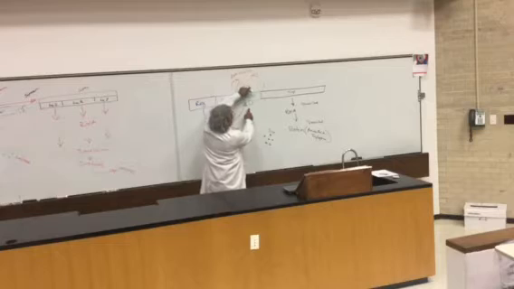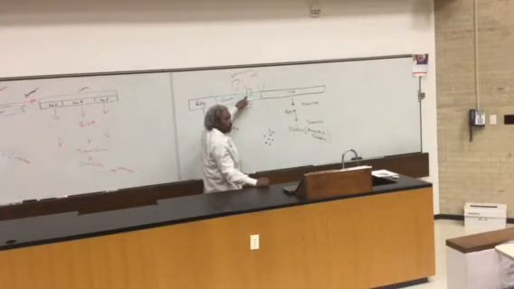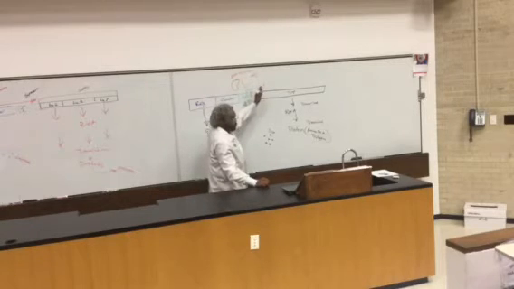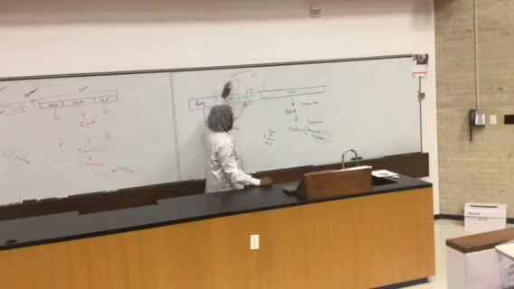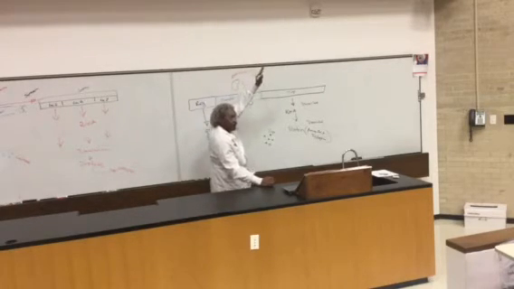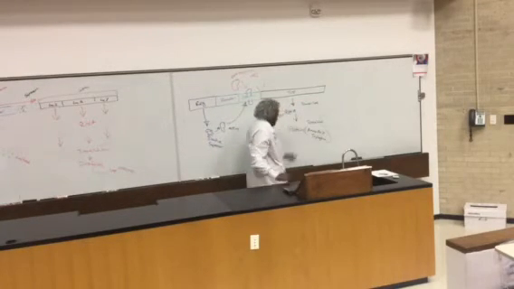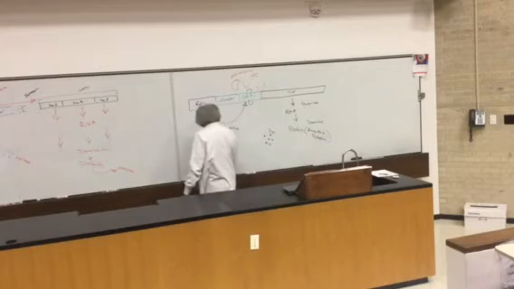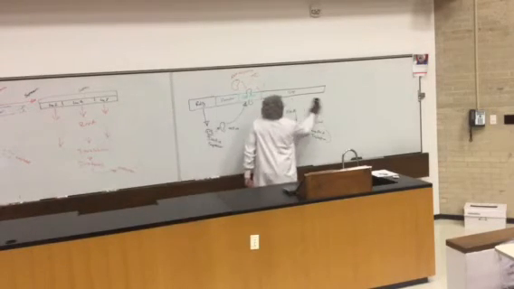When it binds onto the operator, it prevents the RNA polymerase from binding onto the operator or reading through. It may bind onto here, but it will not be able to read, so it will be kicked off. So it prevents the transcription of that gene. When it prevents the transcription of that gene, none of this stuff happens.